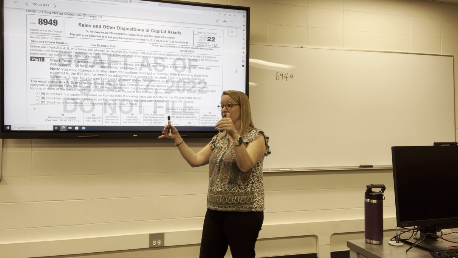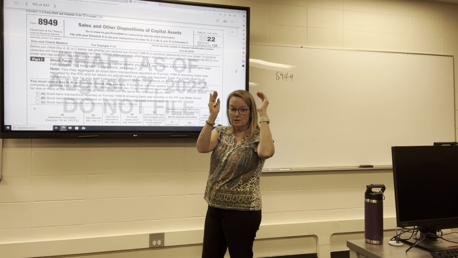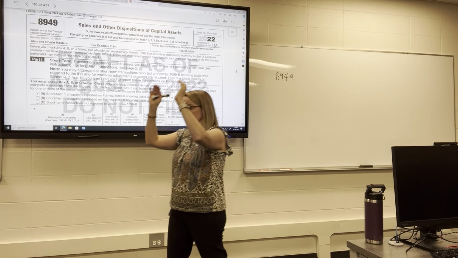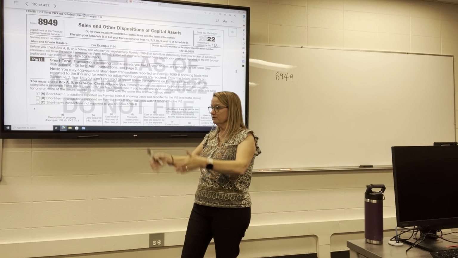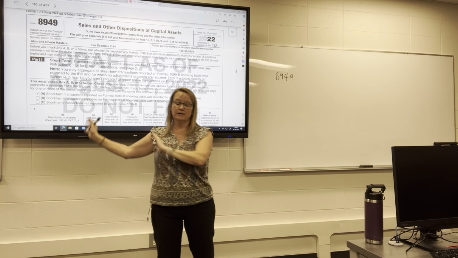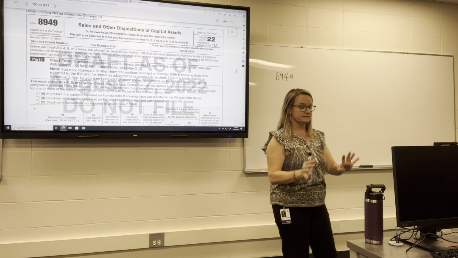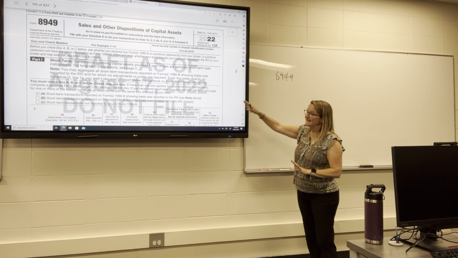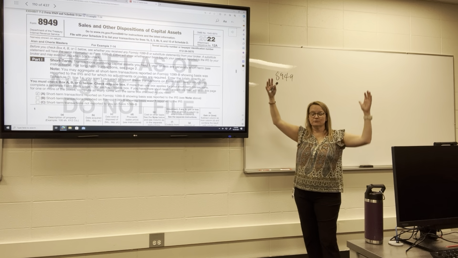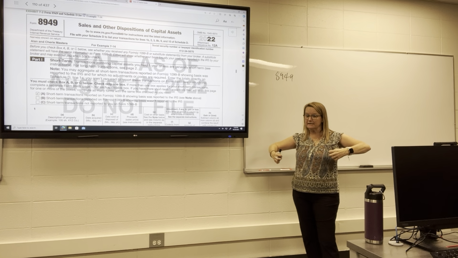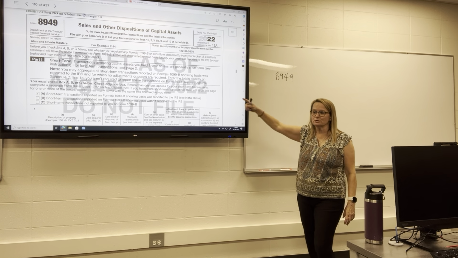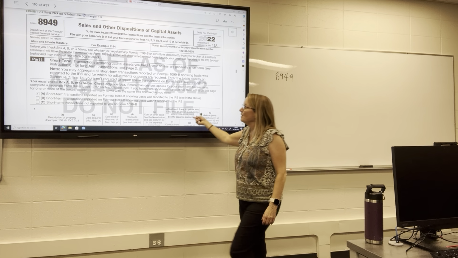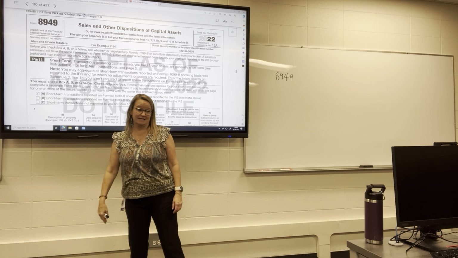It will show you your original purchase date, your basis of the asset, what you sold it for, and the date that you sold it. Even though it all comes on one 1099-B, it may go on different 8949 forms, depending upon whether it's short-term or long-term, and whether it actually showed up on a 1099-B or not.